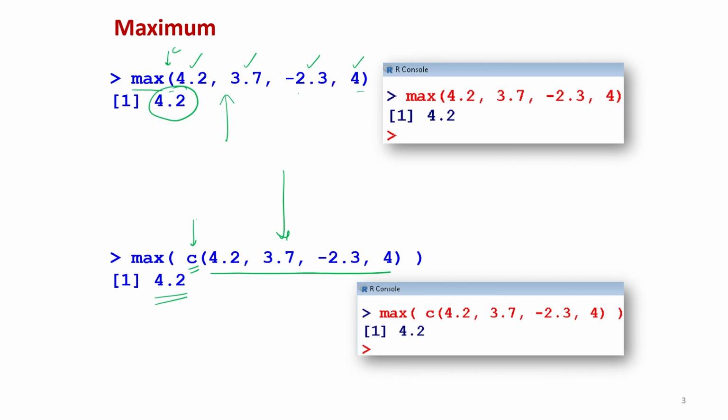But this is not always true. In some functions, if you don't use the c command, then usually only the first value will be considered, right? Now the repercussions will be felt when you are writing a long program and somewhere in between you are using such a command, and you want to find out the maximum among all the values, but the program will give you the outcome only as the first value.